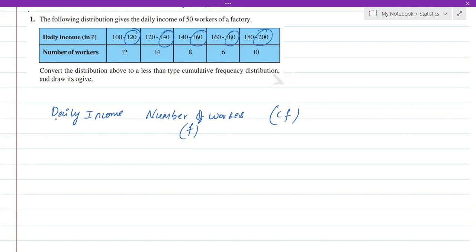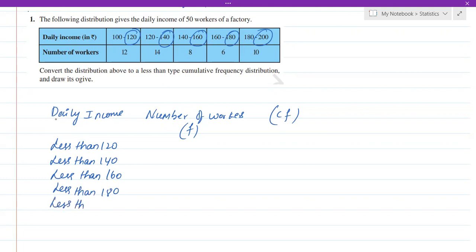So with the words less than 120, less than 140, less than 160, less than 180, less than 200.